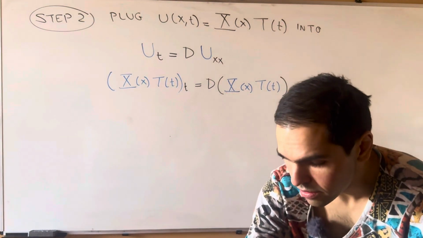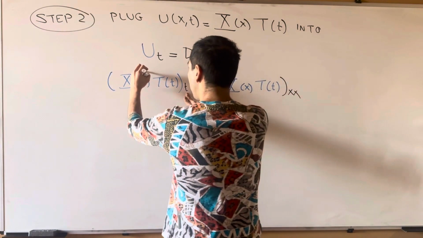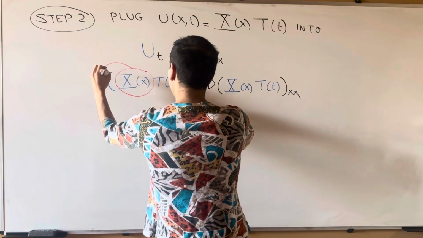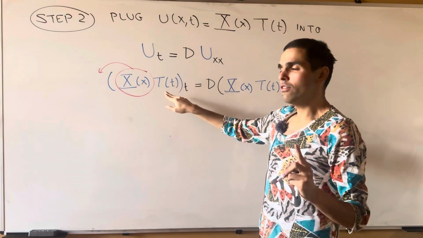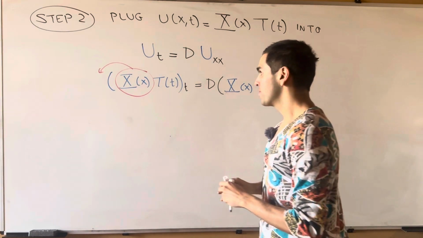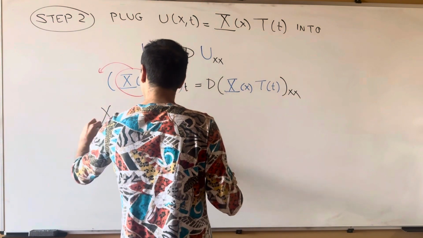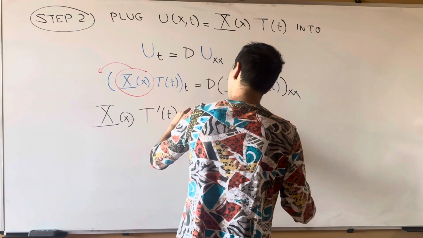And well, notice, X doesn't depend on t, so it comes out, and moreover, you differentiate this function of one variable with respect to t, so this just becomes T prime. And so in the end, we get X(x) times T prime(t).